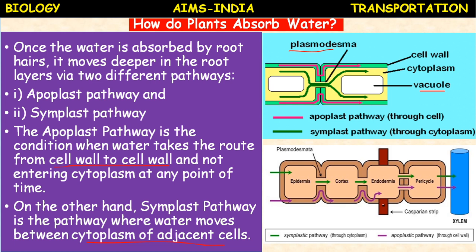Whereas in symplast pathway, water passes from cell to cell through their protoplasm facing plasmodesmata, facing plasmalemma. Plasmalemma means cell membrane, at least at one place, and is also called transmembrane pathway.